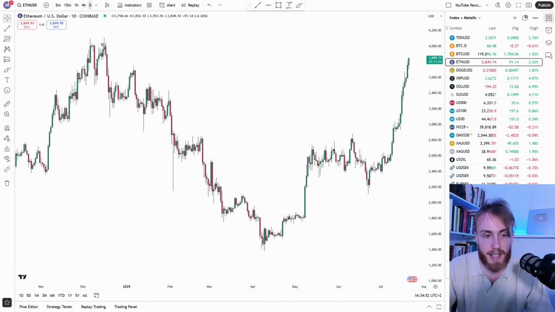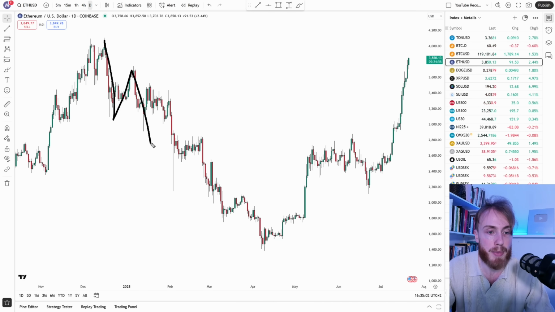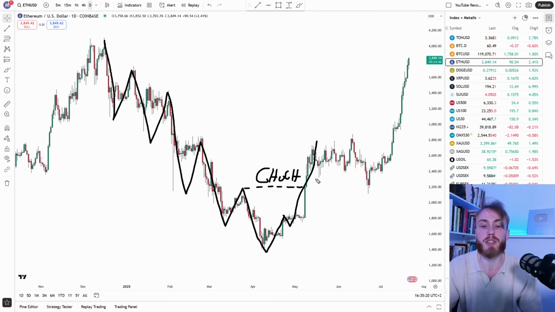But now let's actually take a look at how we can combine these different factors. So first of all, remember the break of structure. Let me actually use another color. First of all, remember the break of structure and change of character we talked about earlier. The change of character happened at this point right here. So this right here is our first reversal signal.